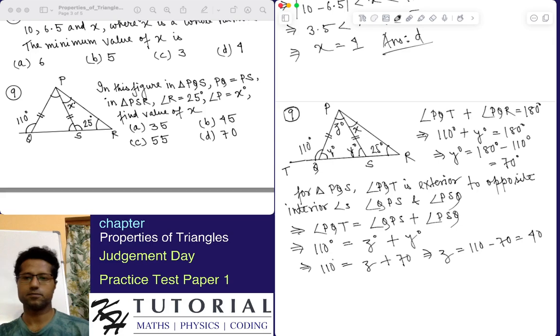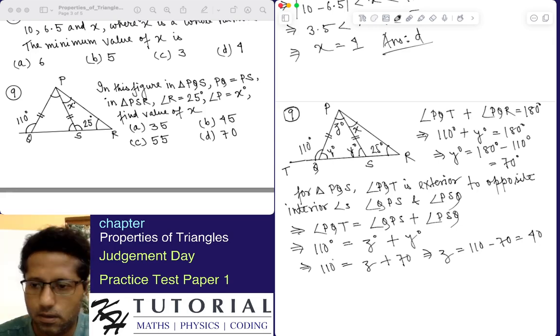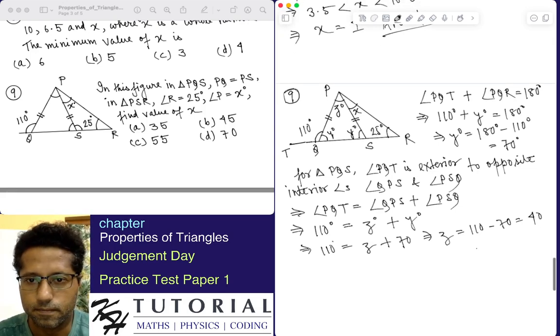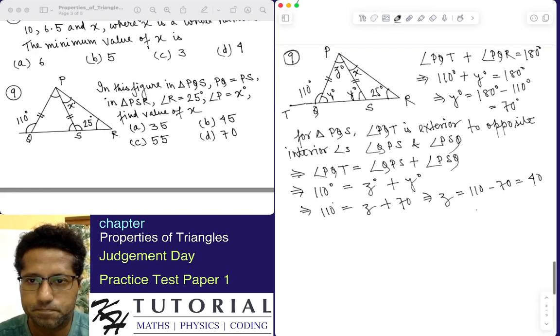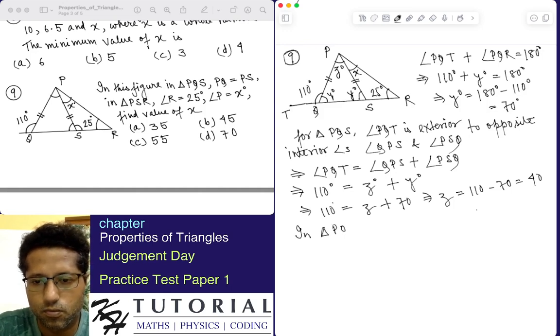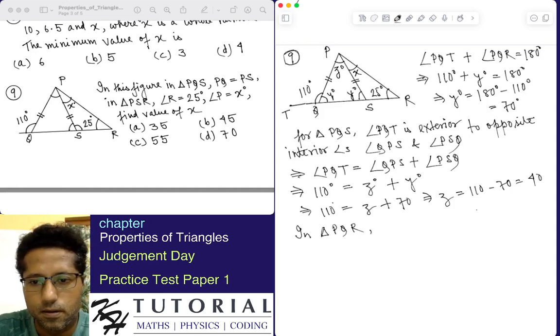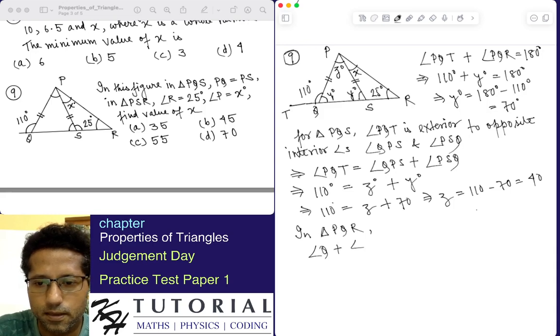We have to find x. Now in triangle PQR, the sum of the angles, angle Q plus angle P plus angle R, will be equal to 180 degree.